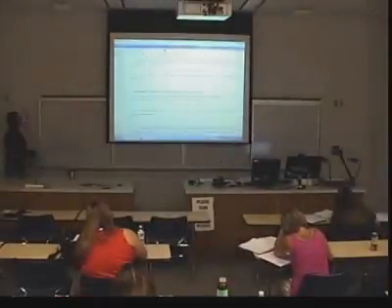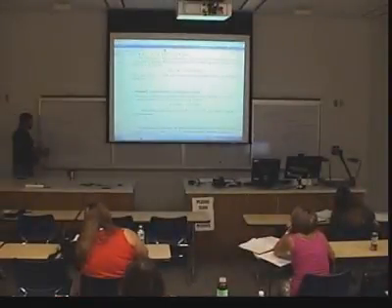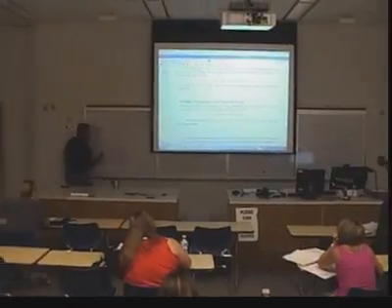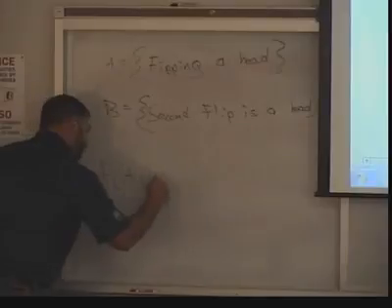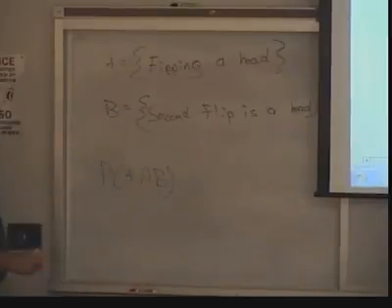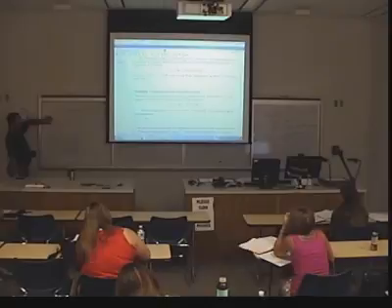Okay? So I want to know the probability of both of these things happening. Now notice that the conditional probability, the probability of A given B, they don't have anything to do with each other. They are independent events.